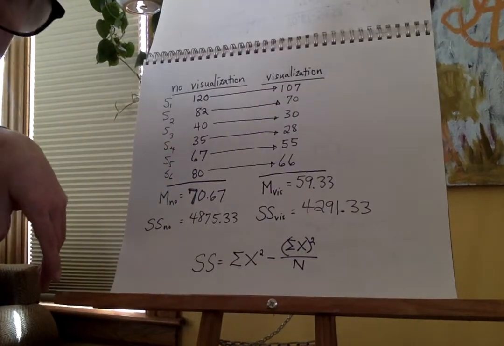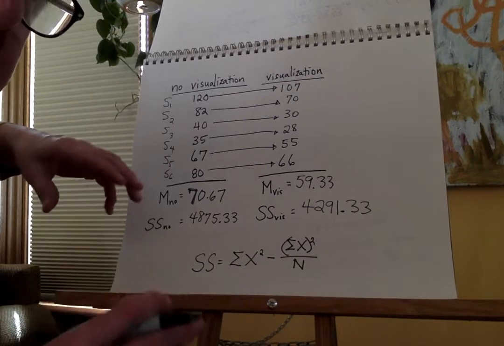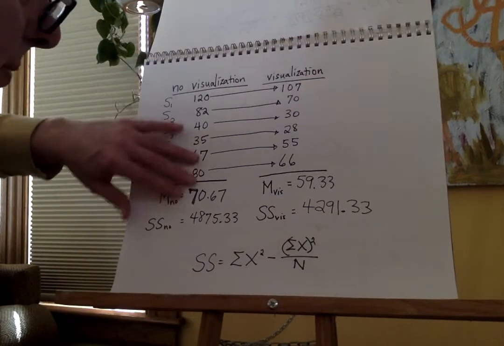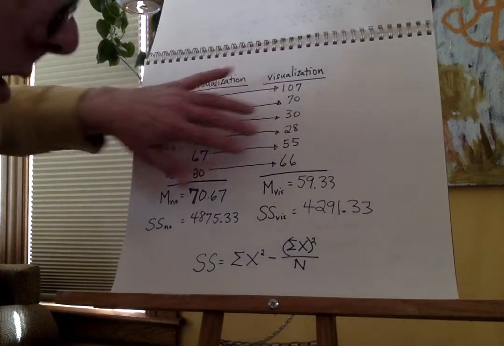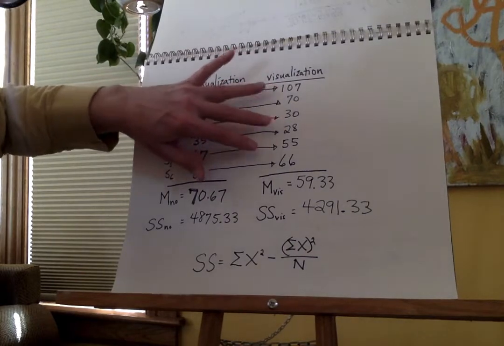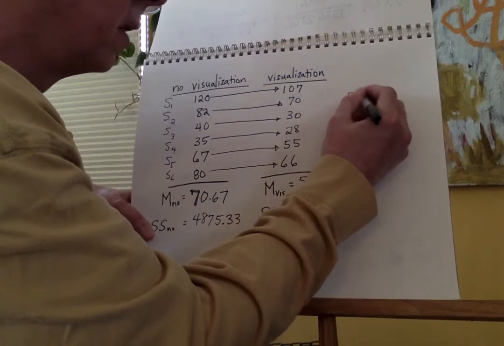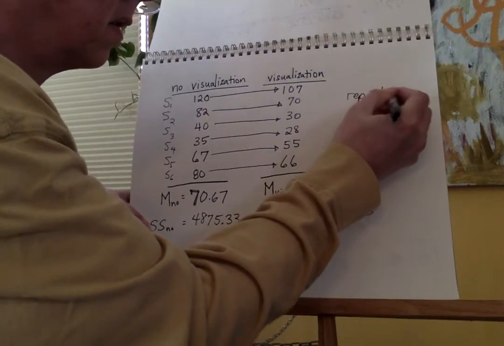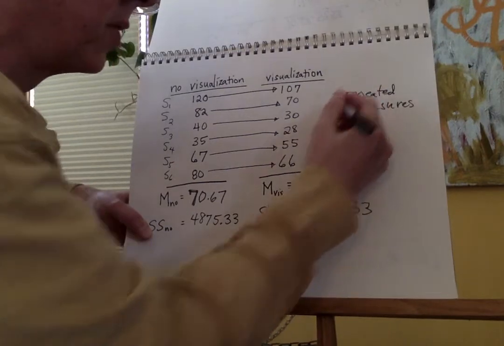Okay? This is a research design issue. And you can do this research either way. You can have 6 people here and a different 6 people here, or you can have 6 people here and then retest them and get their measures. So this design is called a repeated measures design.